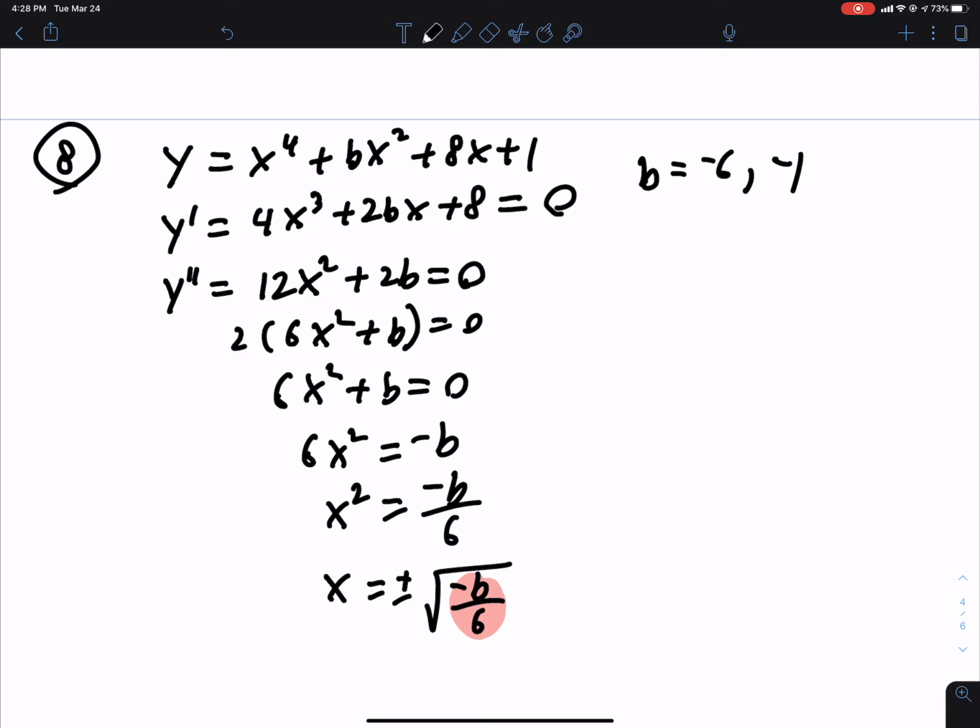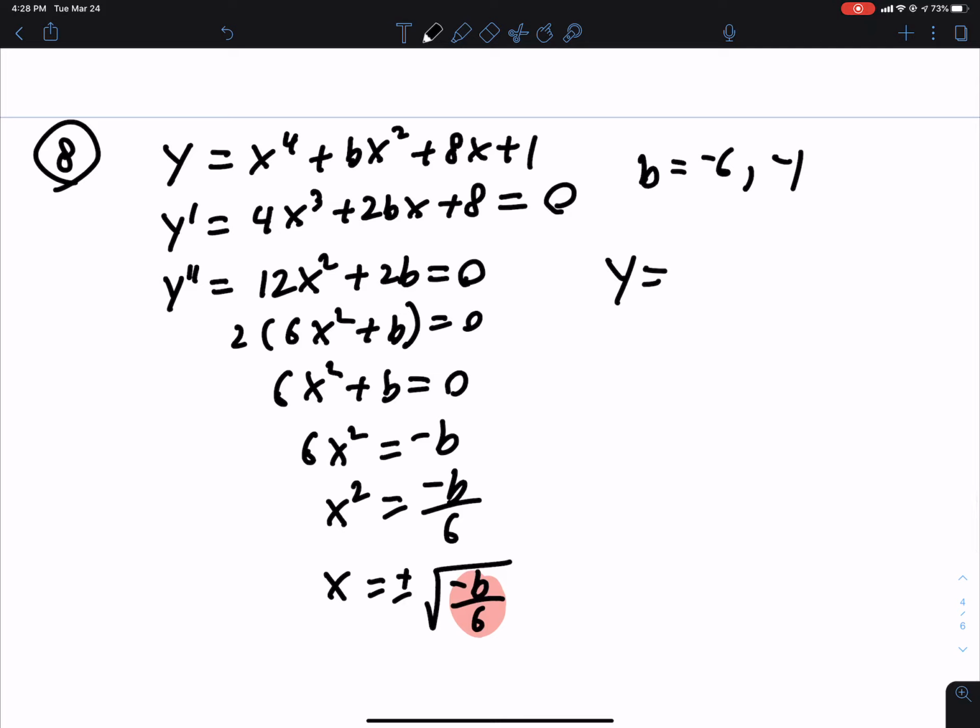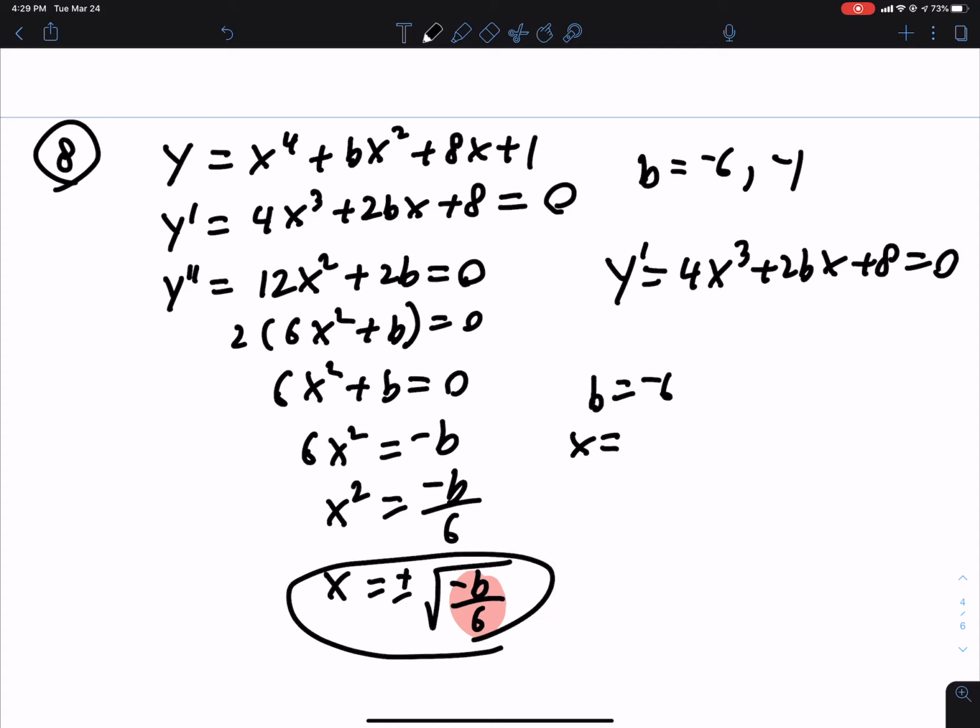So let's take a look at our y prime equals 0 statement. Now, we're going to do a trial and error, basically. If b were -6, and I plug it into this formula, I would have positive 6 over 6, or plus or minus 1.